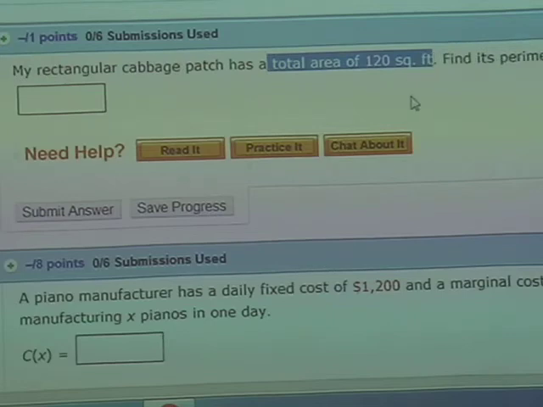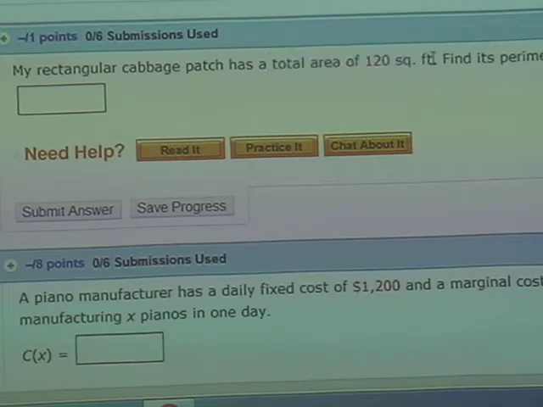Now, by the way, I don't think any countries use feet except for the United States, but since this book comes from the United States, they're using feet. But how big is a foot, approximately? How many feet are in a meter? Anybody know? Basically 3. No, 3 feet in 1 meter. So a foot is about a third of a meter, just so you have an idea of how big it is.